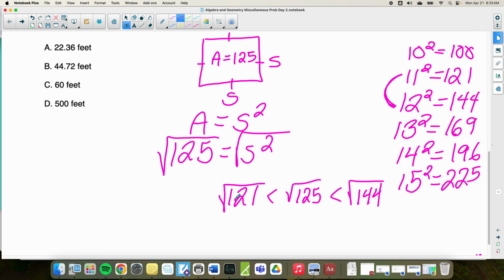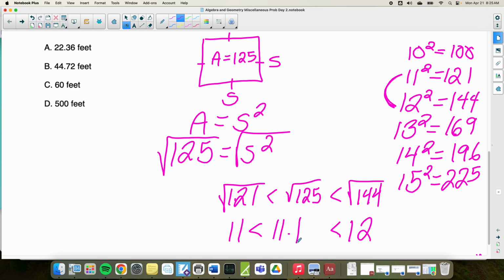The square root of 121 is 11. This one is 12. Our number is going to be somewhere in between, but closer to 121. So you could say maybe it's 11.1 or 11.2, something like that. Okay, let's say 11.1.